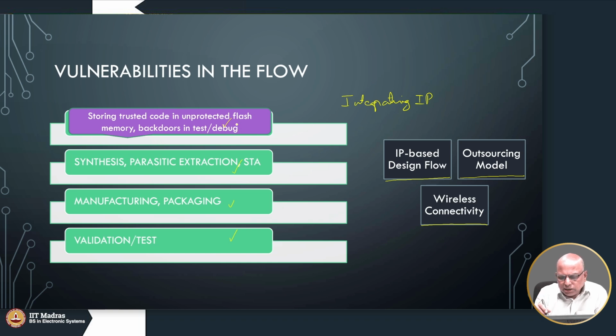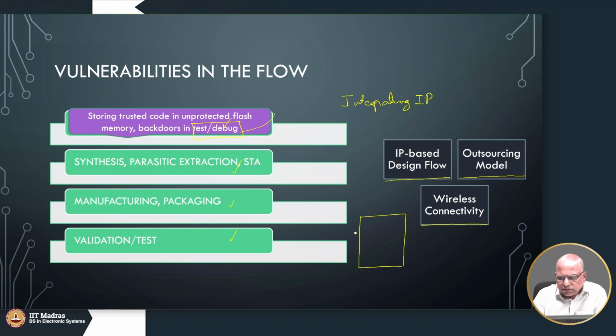Unfortunately, test and debug are two places where hackers are most active. You take your scan chains, right? Most people are not aware of what the scan chains are. That is only for people who are in the test to know. The PCB designer really doesn't know that there are scan chains and they are used in test.